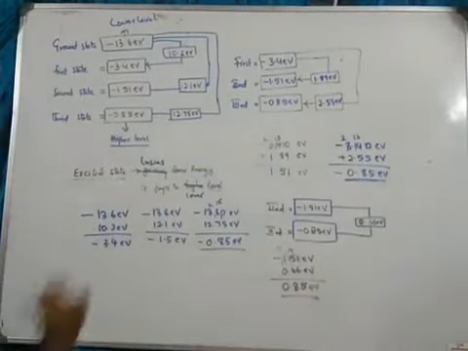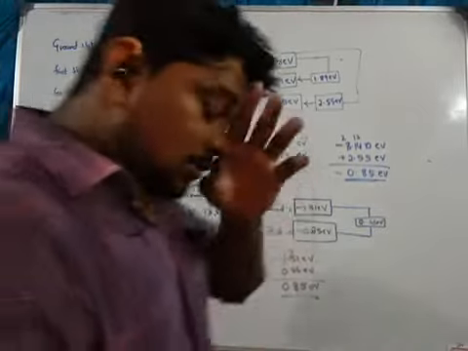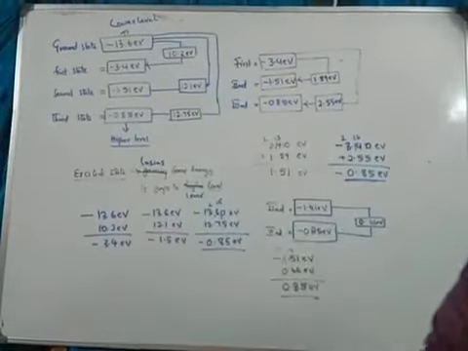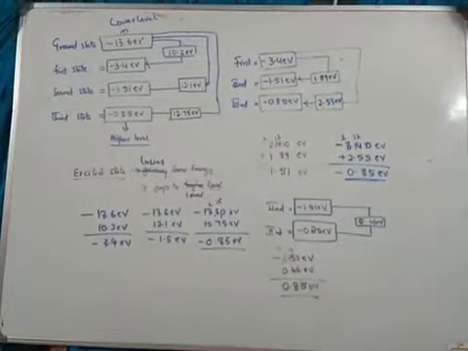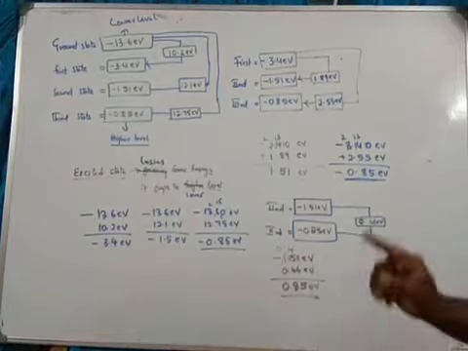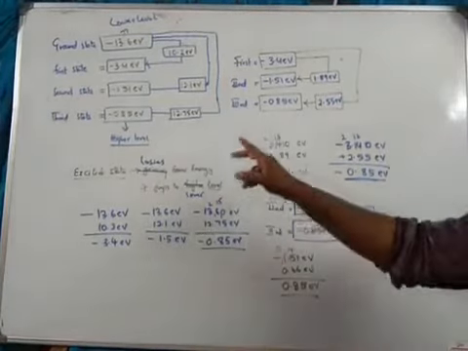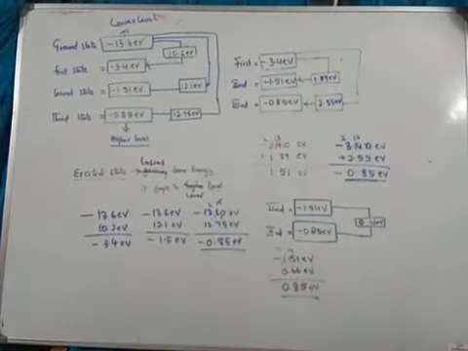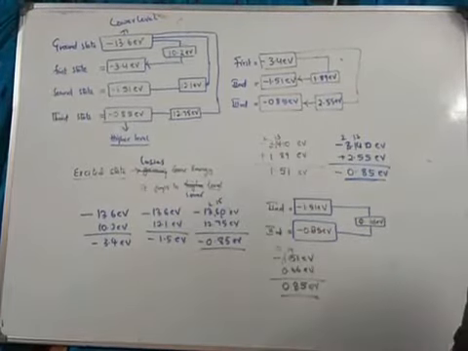So it is the reverse direction. We start from the higher level, minus 0.85 electron volt. If it loses 12.75 electron volt, then it goes to the ground state with minus 13.6 electron volt.